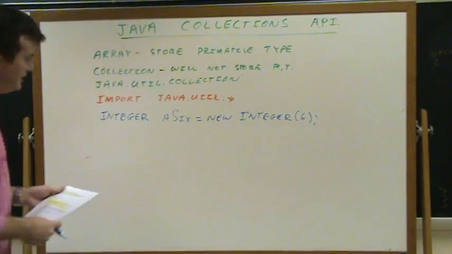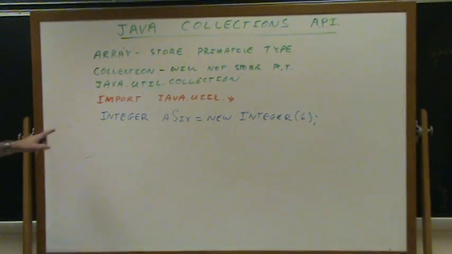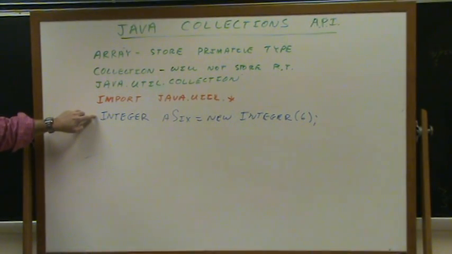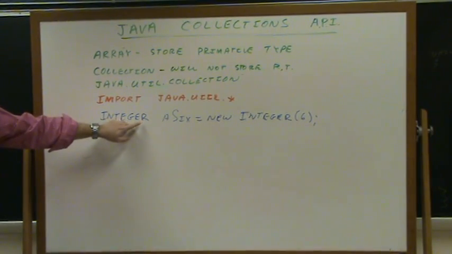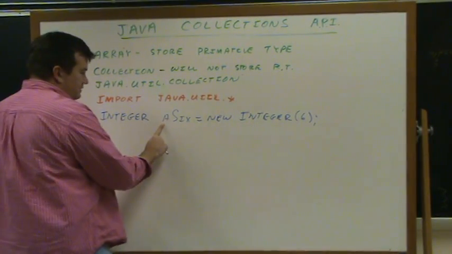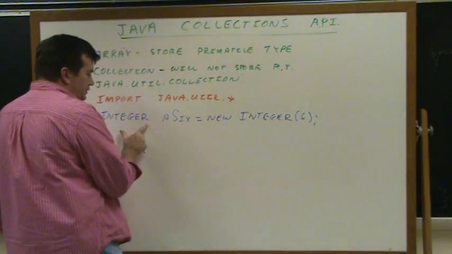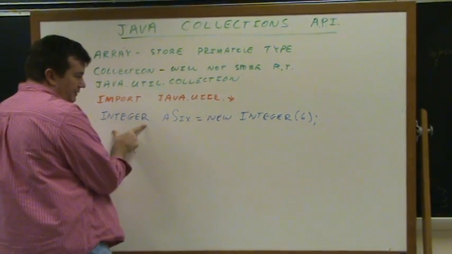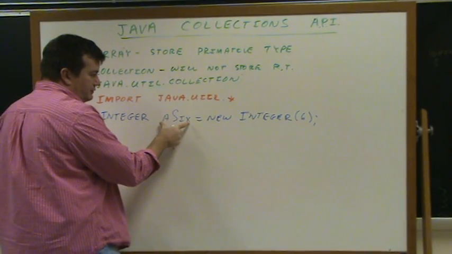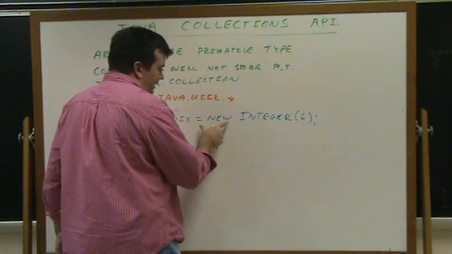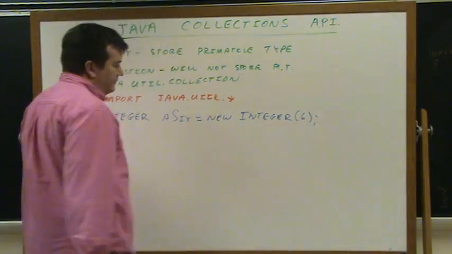So this is an example of what I mean where this is the non-primitive type of an integer. The word Integer spelled out. So what I'm saying is now this is a reference to a non-primitive integer. It's not a piece of storage, it's just a reference to a piece of storage. So now I have to say it equals new, and then I create an Integer of value 6.